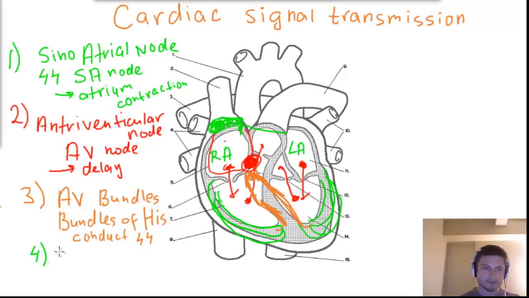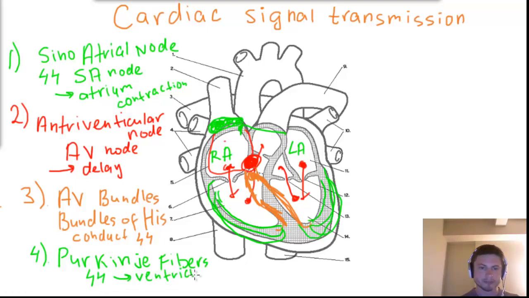The name for these fibers is a funny name, but you'll probably never forget it: Purkinje fibers. These fibers generate the electric signal inside your ventricles.